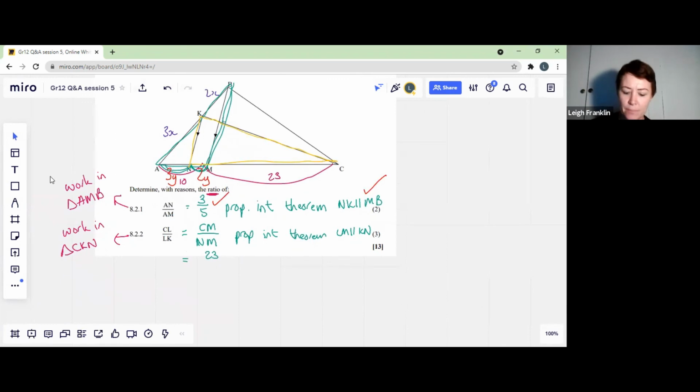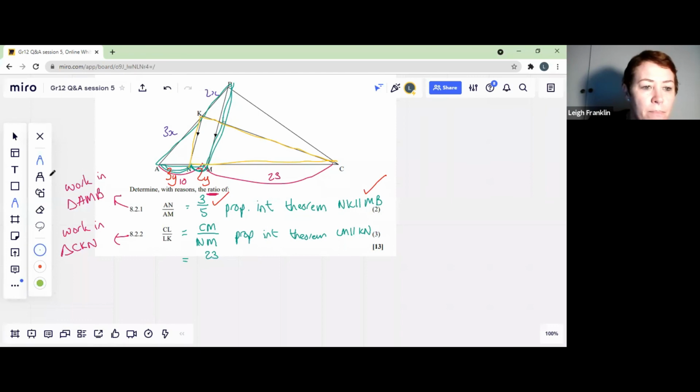And NM is equal to 2y. Right, so now that means we need a value for this y over here. They've told us that the ratio of AM to CM is 10 to 23. So in other words, they have given us a way of being able to work out exactly how long side NM is.